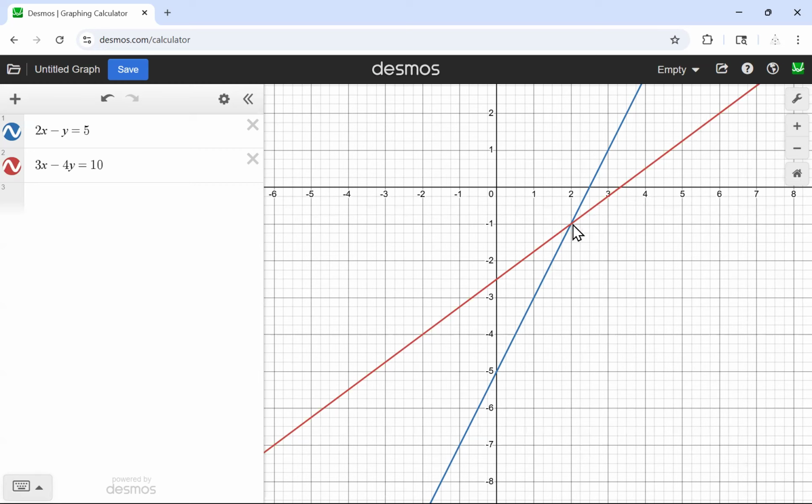In either case, we can visually see that these two lines intersect at the point (2, -1). So that's the solution to this system of two linear equations. It's the point (2, -1).